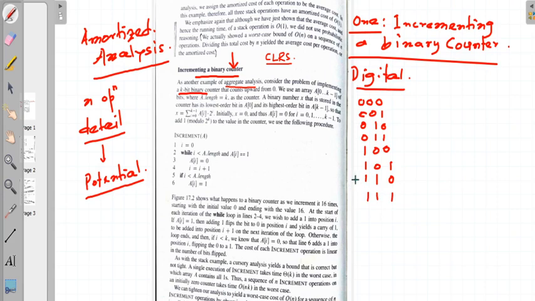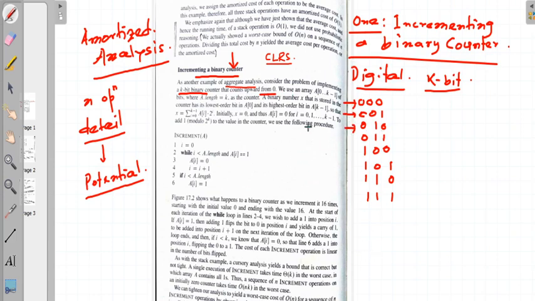So this is a 3-bit binary counter. We are generalizing to any k-bit binary counter. k may be 3, k may be 2, k may be 4, something like that. And that counter counts upward from 0. So we are counting 0 and then 1 and then 2, all these things.